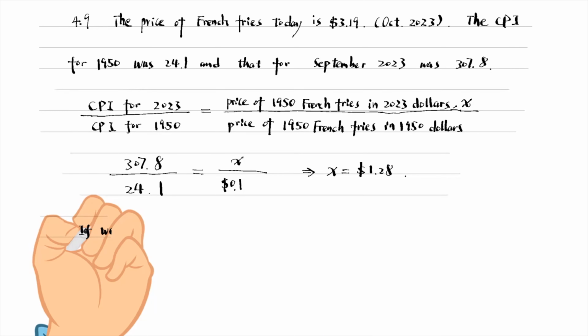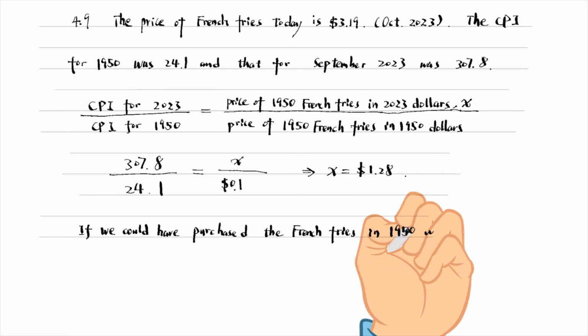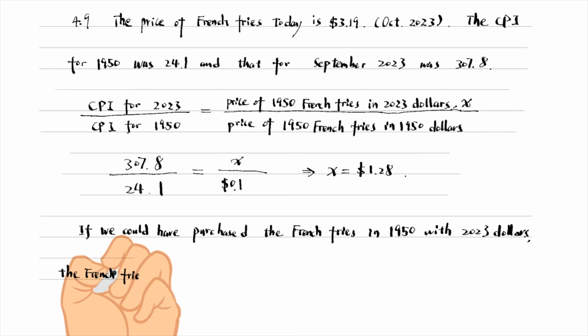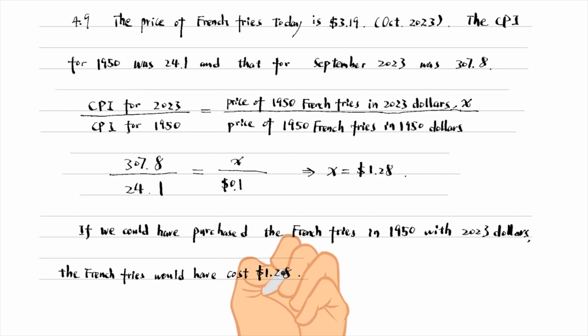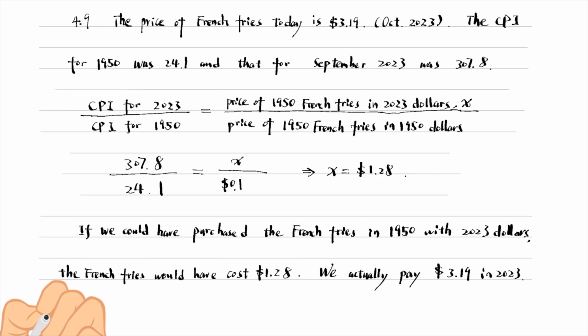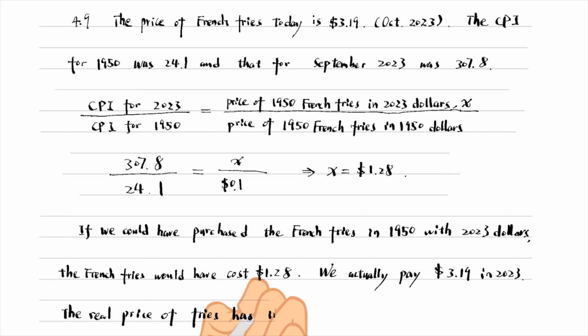If we could have purchased the French fries in 1950 with 2023 dollars, the French fries would have cost $1.28. We actually pay $3.19 in 2023. The real price of French fries has increased if they are the same size.